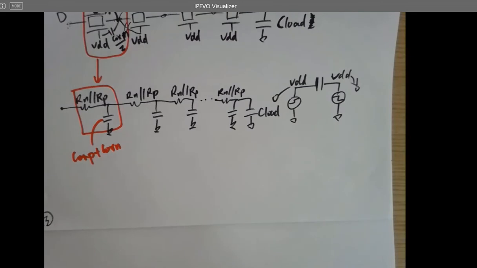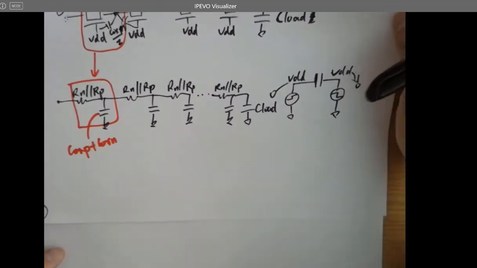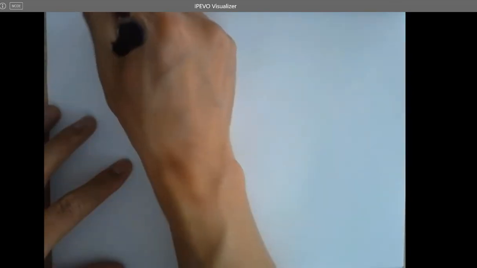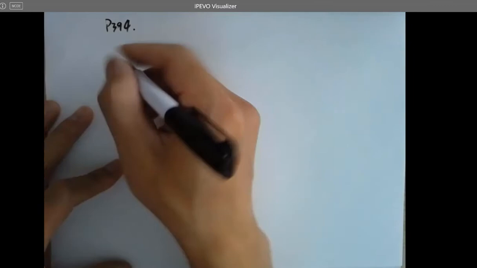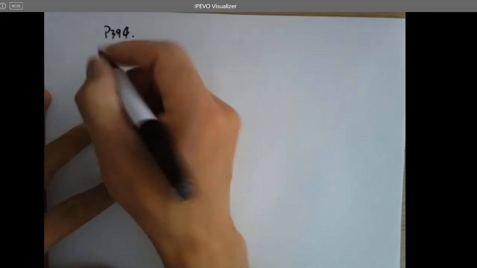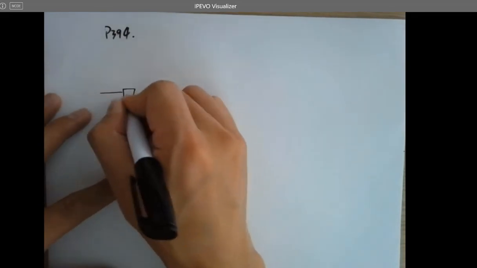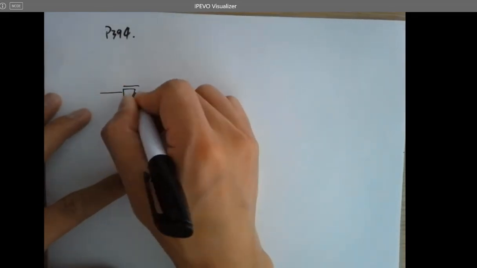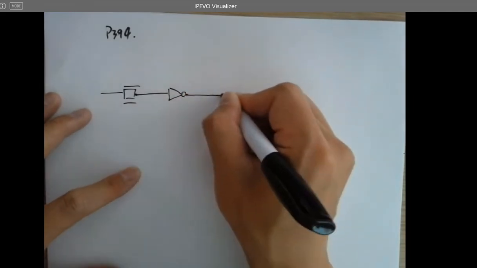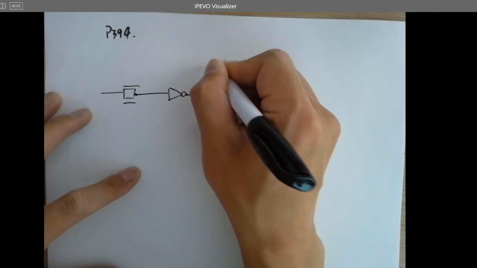And that's on page 394 of the CMOS book. We just take this input part out from this model to analyze the time delay of this part. That'll be this, and resistor, inverter, another inverter.